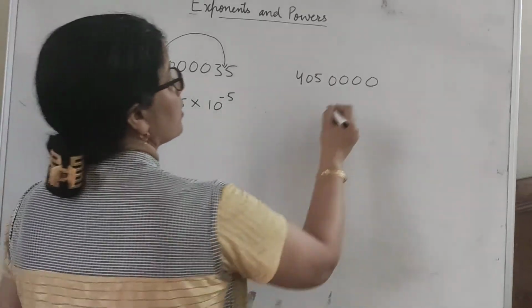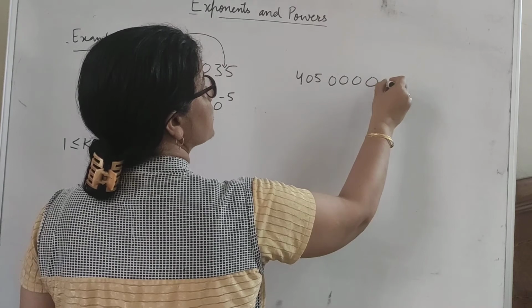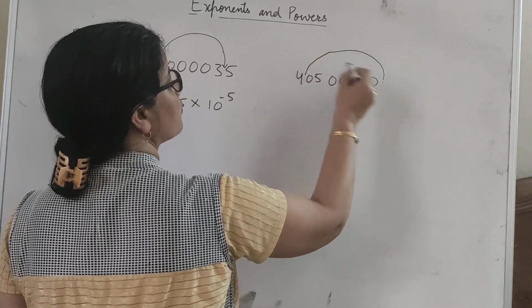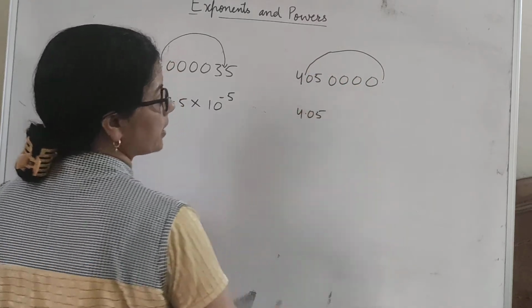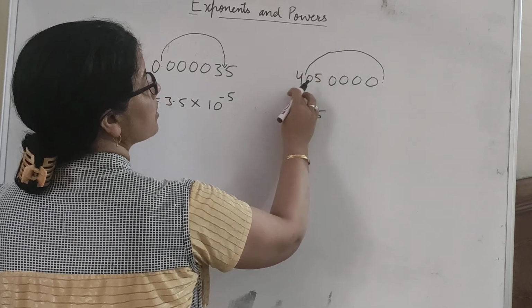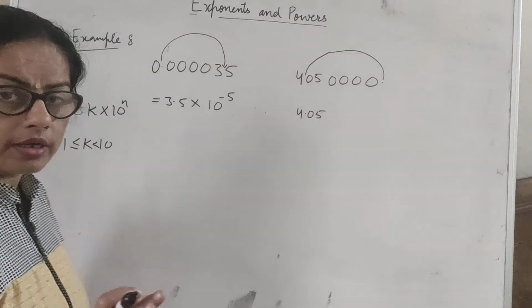See this one here, no decimal is visible, it means the decimal is here. So to make k, we have to come from here to here, meaning 4.05 will be our k. If the decimal comes here, then 4.05000 will be there. No need to write 0 in the end.